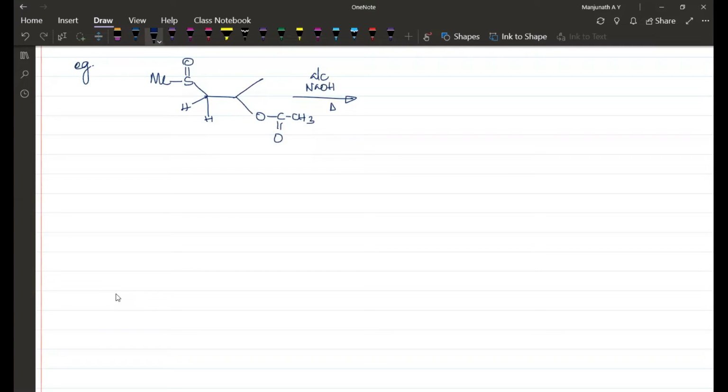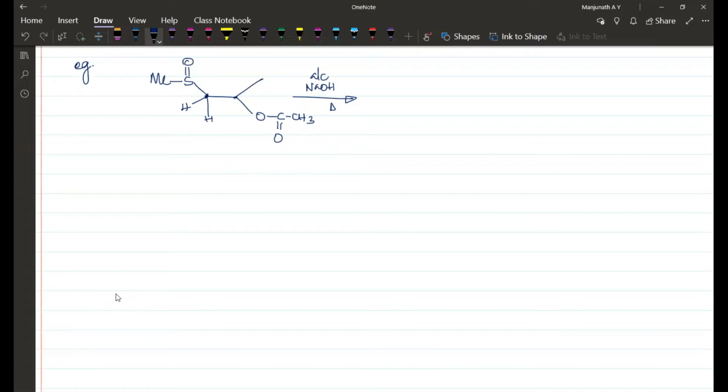So it should perform elimination now. There are two leaving groups: one is methyl sulfoxide, another one is the acetate group. Of these two, this is actually the principal functional group.